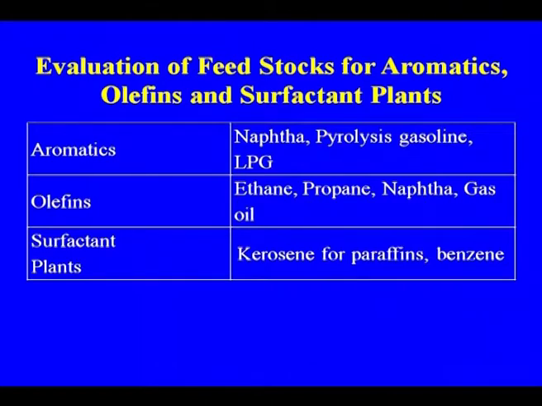of olefins. The quality of these feedstocks will affect the product quality during aromatic or olefin production, or for the surfactant, where kerosene is used for paraffin, because we separate a particular carbon number of the kerosene.